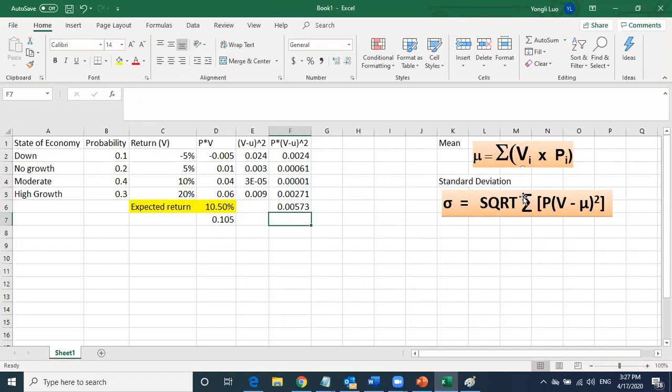Now you already have this part, and because we're going to take the square root, this part is called the variance. This is what you calculated, the variance.